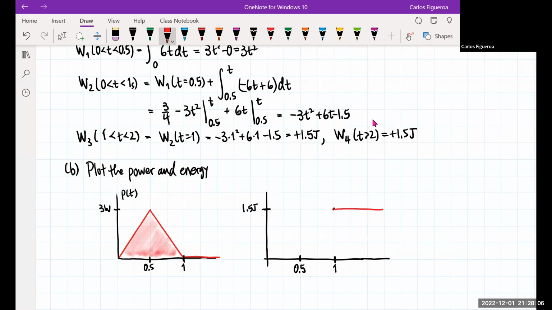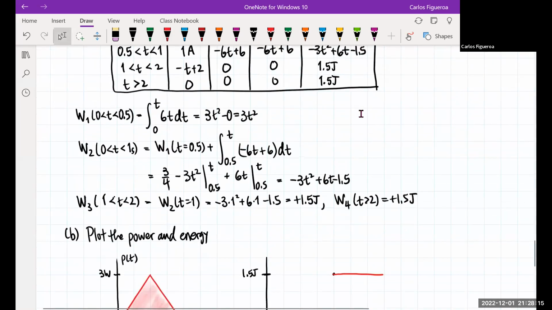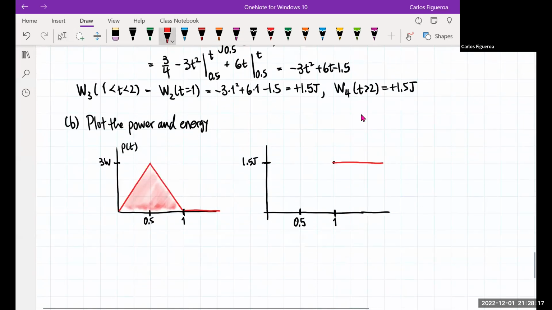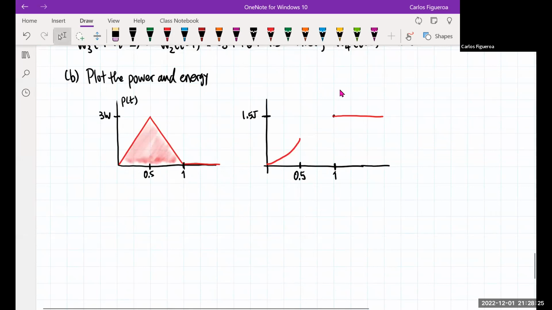So let's look at this thing. If I look at this guy, it's got to look something like this. The beginning goes as quadratic as 3t squared. So what you're going to see here is that it's going to come something like this. And then I have a negative quadratic that has to attach to that point smoothly. And it's going to look like this. So you could see here the 2 intervals that you're looking at here.